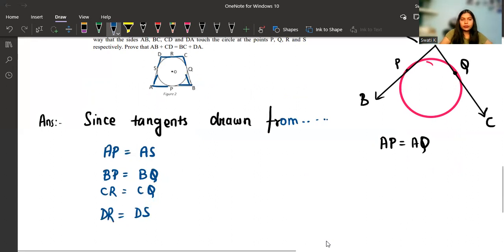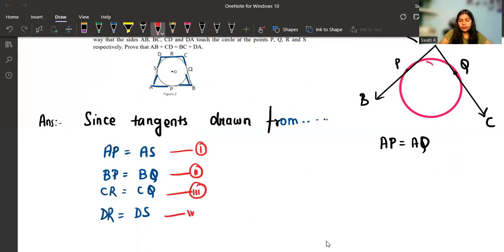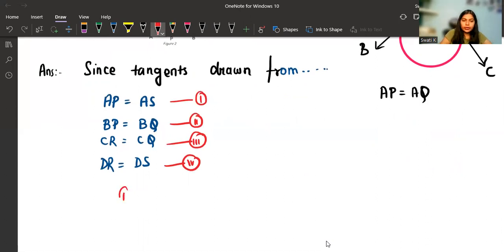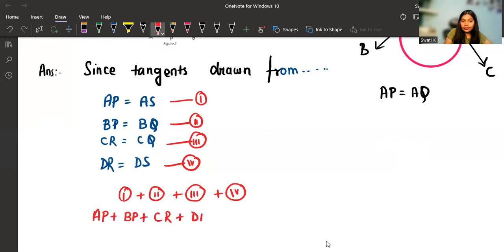Now let's give every equation a name: 1, 2, 3, and 4. Now we are going to add equations 1, 2, 3, and 4. What are we getting? AP plus BP plus CR plus DR equals, adding the RHS part, AS plus BQ plus CQ plus DS.